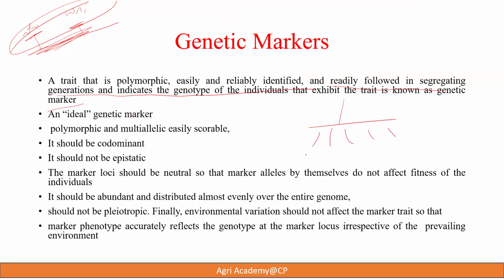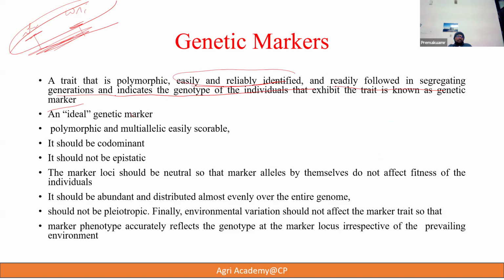Sir, it can be easily identified in segregating generations. That point I already wrote. If both convey the same meaning, then why should I write it again? From one generation to the next generation to the next generations. No, for it to pass on, you should have high heritability.